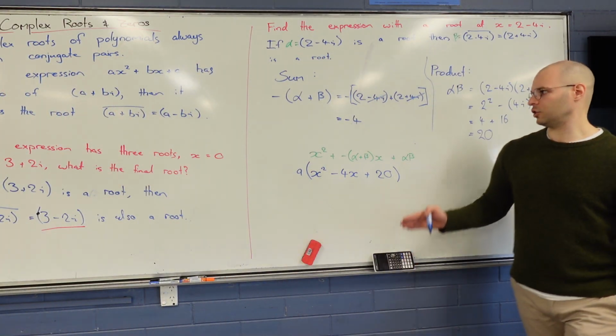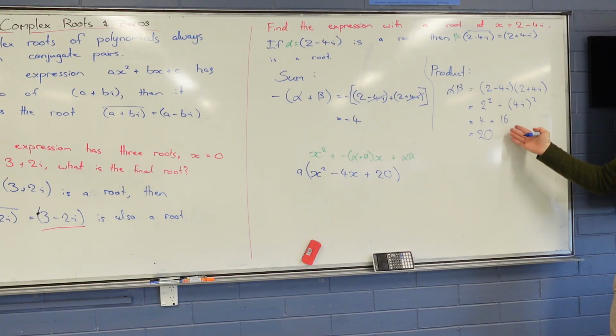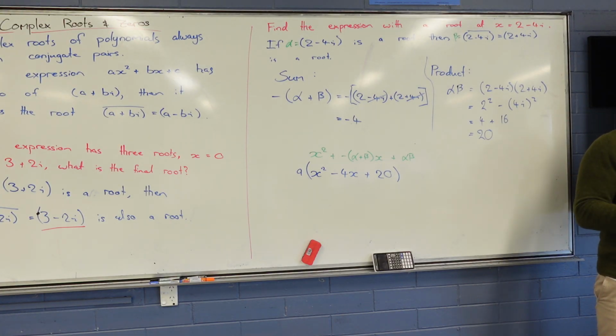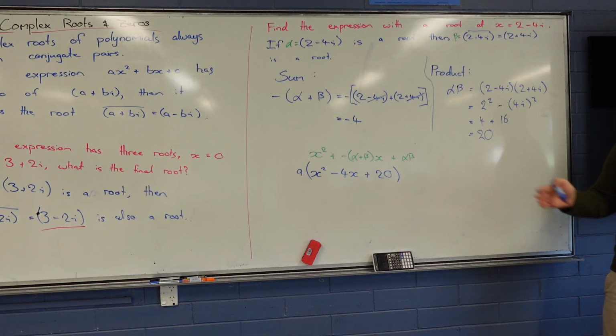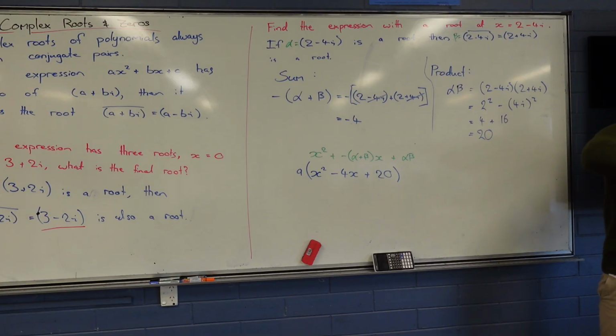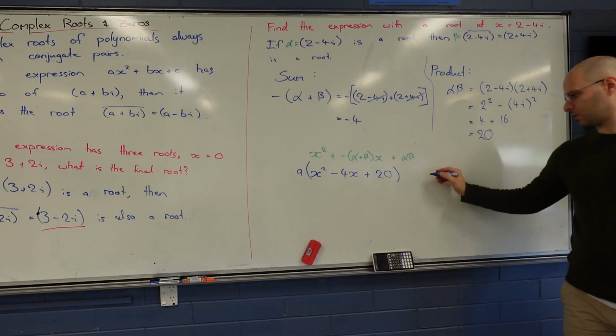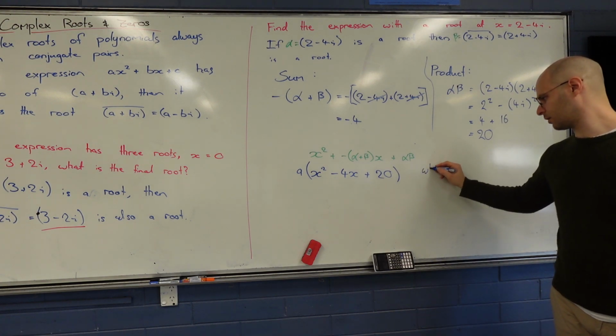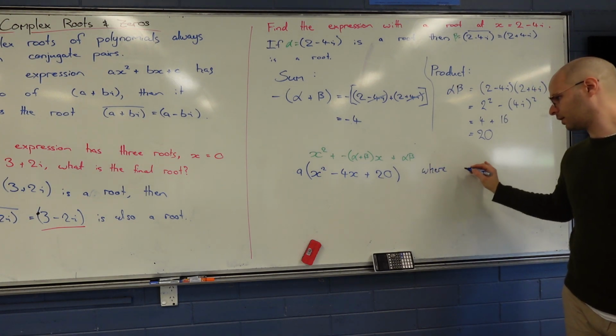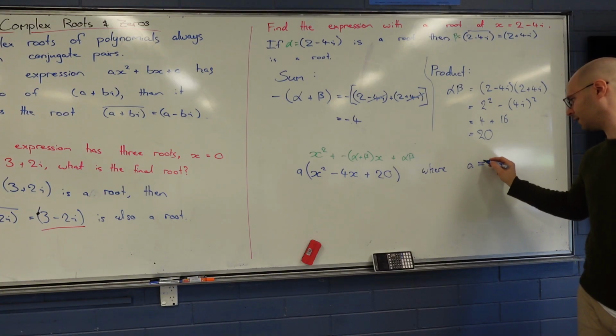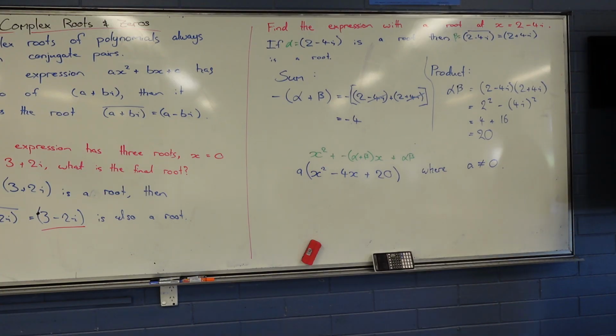Because you can have infinitely many polynomials or relations or functions that have these roots, but they can be dilated. So we say a is a real number that cannot be equal to 0. Does that make sense, guys?